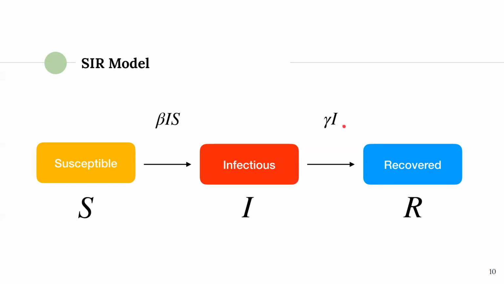And then there's also going to be a separate rate represented by the second arrow at which infectious people recover from the disease. So if you have better medical care, then this rate is going to be higher. You have like 200 infected people who recover, and this can be even worse. It can be like 200 infected people who die from the virus. That would also be under this same arrow.